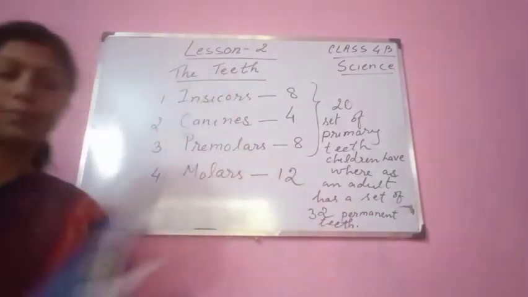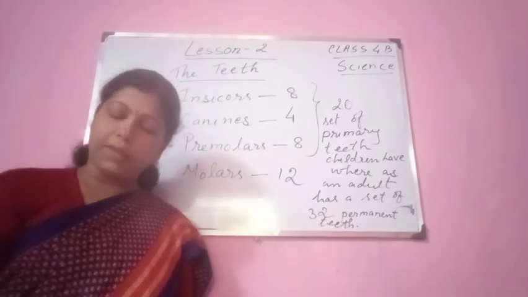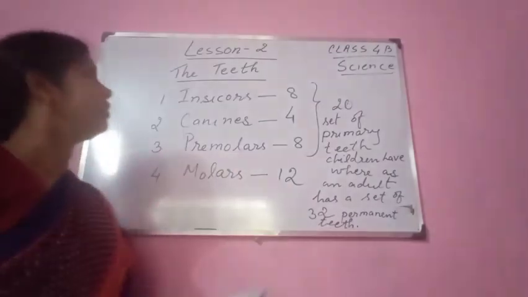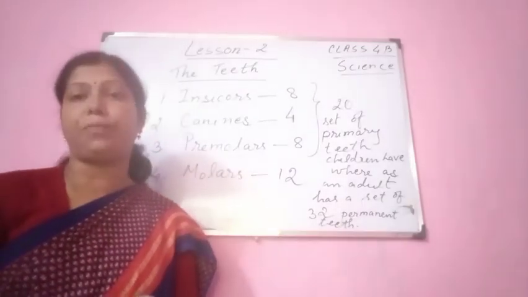Once again I am saying that adults have all the 4 kinds of teeth, that is incisors, canines, premolars and molars, but children have only 3 kinds of teeth.